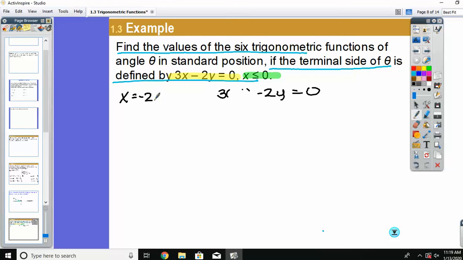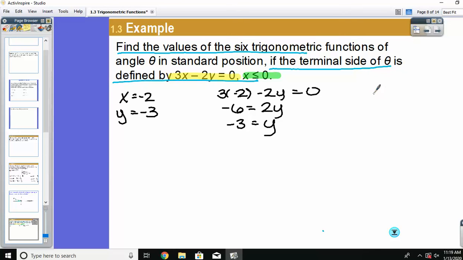So if you make your x a -2, then I get my y to be a -3. Okay, that's nice and pretty. So then could we find r? Pythagorean theorem, x squared plus y squared equals r squared.